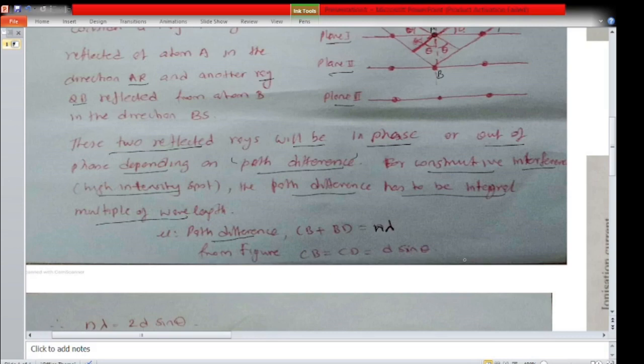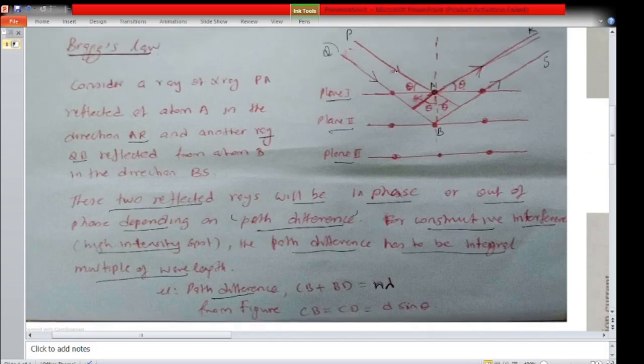And how can we define the path difference from this figure? You can see this is the first X-ray. It travels from here, reaches this point A, then reflects back. The second X-ray also passes the same distance when it reaches this point. So up to this it is equal to PA.